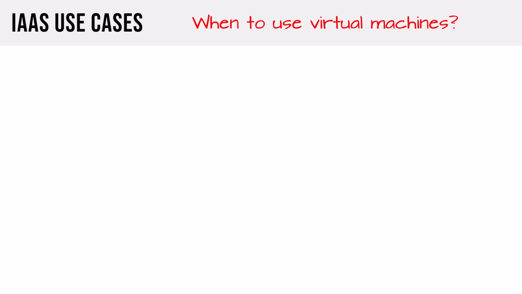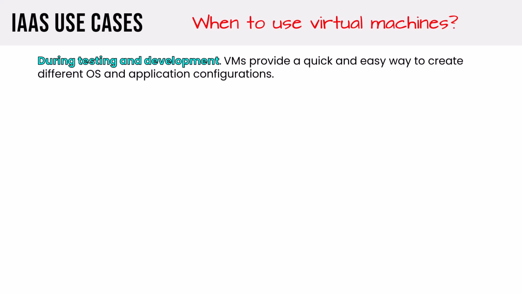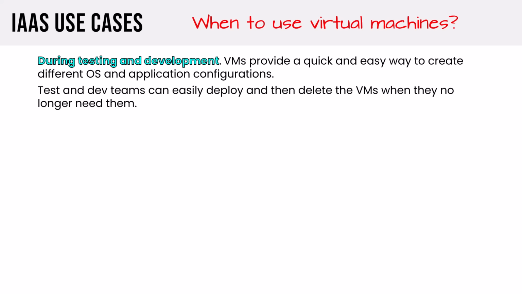A few use cases come immediately to mind, like testing and development, because VMs are an easy way for test and dev teams to deploy and delete VMs when they no longer need them, so they can iterate through test cycles without waiting on infrastructure teams to deploy physical or virtual machines in a private cloud. Which is really the problem we've seen historically. Even in a private cloud environment, it can take days or even weeks to get VMs deployed.